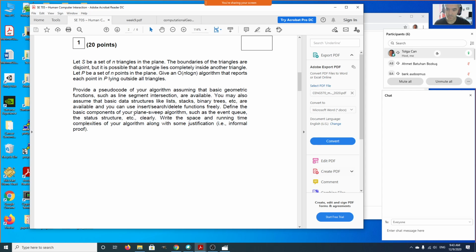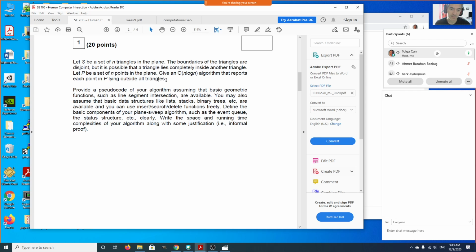Although another solution is also possible, because here I say, give an O(n log n) algorithm that reports each point. Since I didn't say give a worst case O(n log n) algorithm, a trapezoidal map solution is also possible, which has an expected O(n log n) complexity for all the m points. With expected log n time, we'll be able to query each of the points.